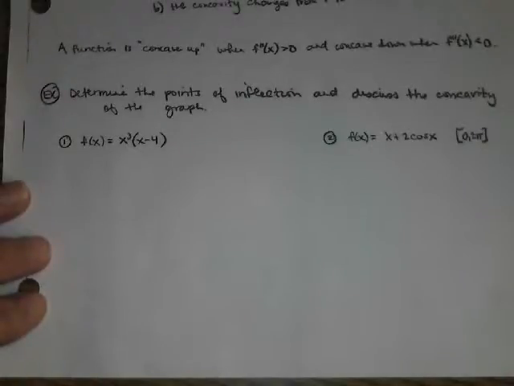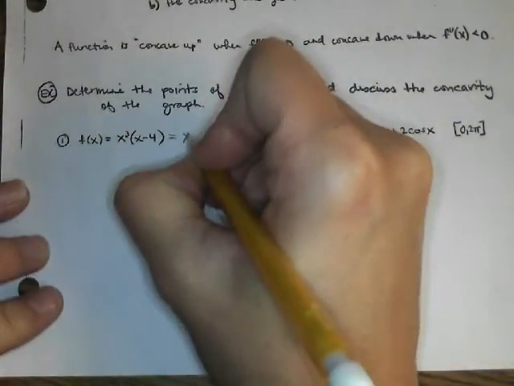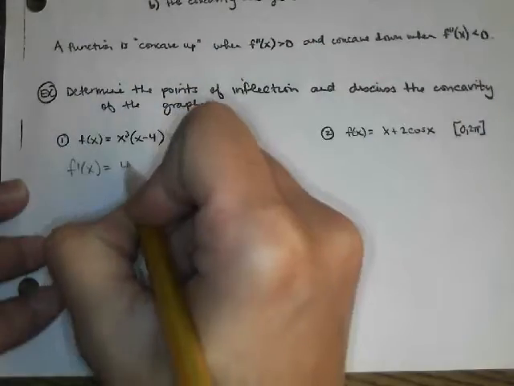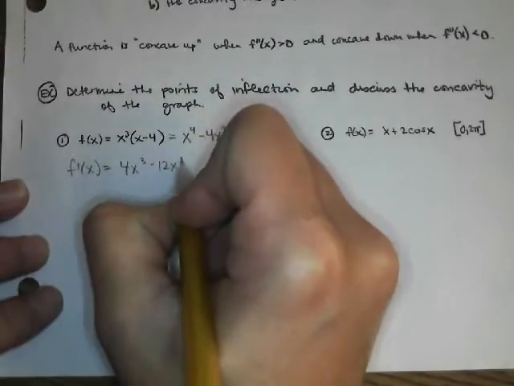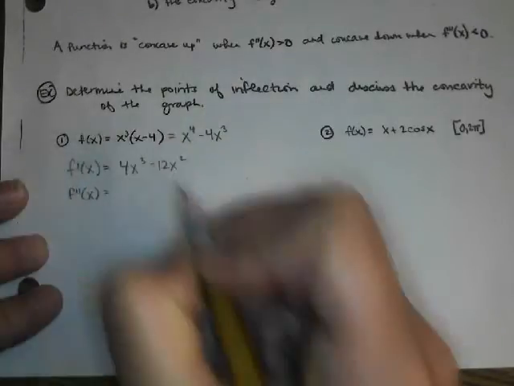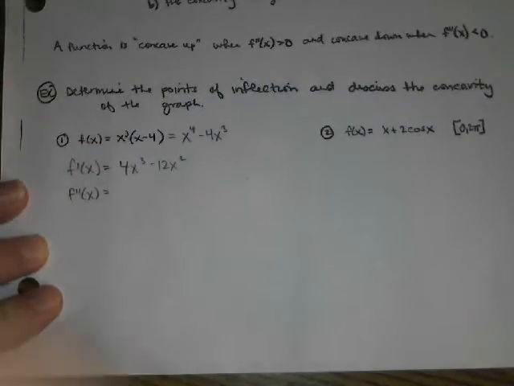So before we jump into any derivative, I would distribute x to the fourth minus 4x cubed. So real simple now, our first derivative is 4x cubed minus 12x squared. And our second derivative is 12x squared minus 24x.